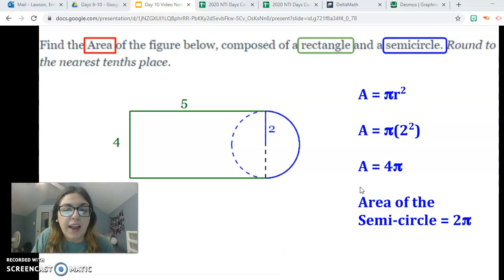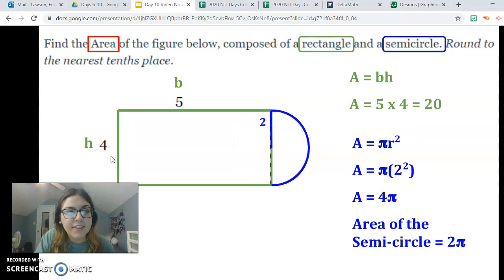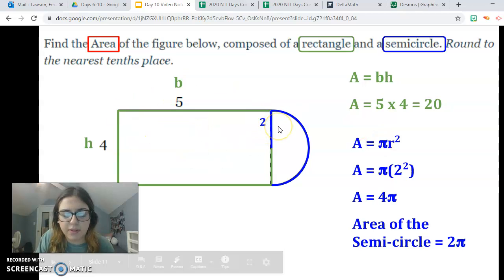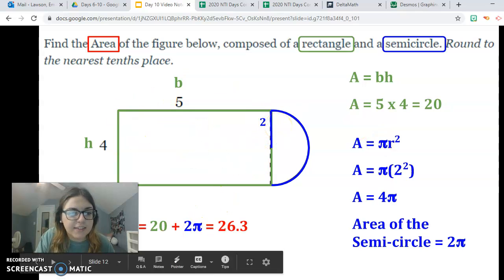So I found the area of the semicircle, and I found the area of the rectangle. However, I want to know the area of the entire shape. So at this point, this is what I know. Those are the pieces they match up with.